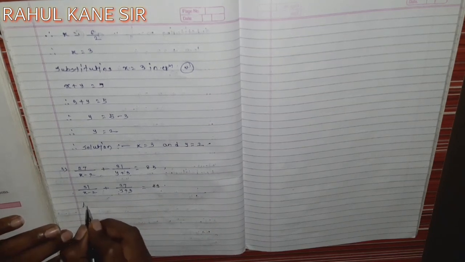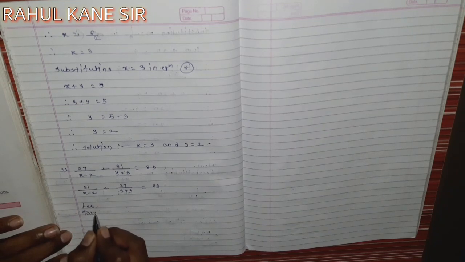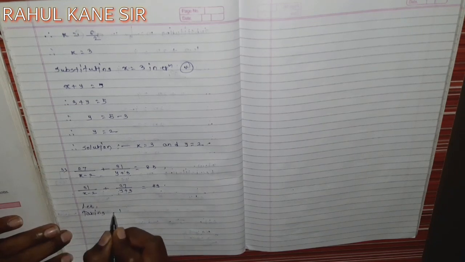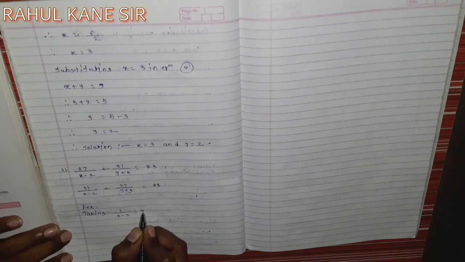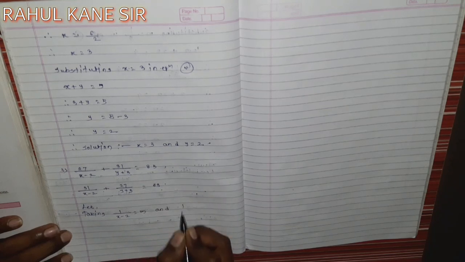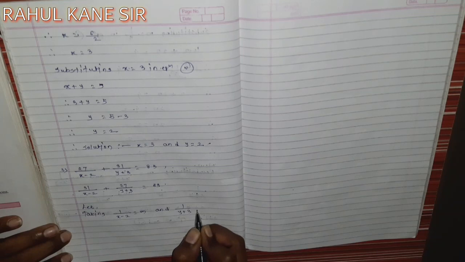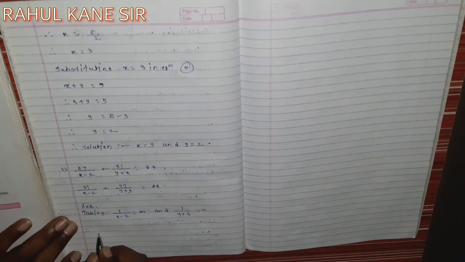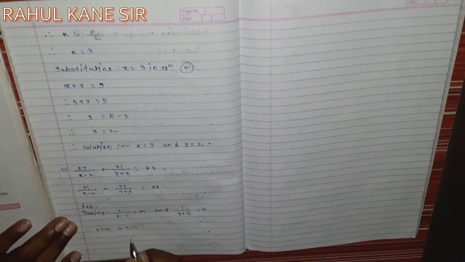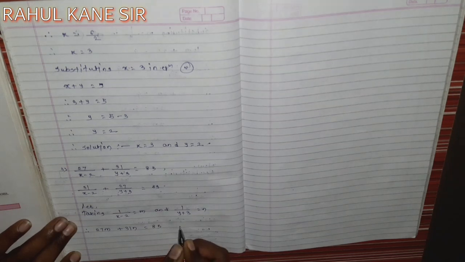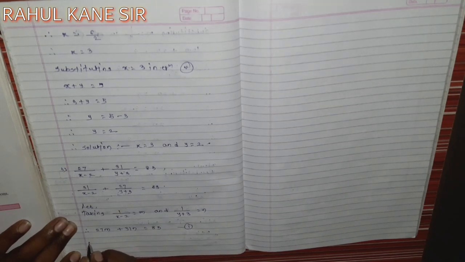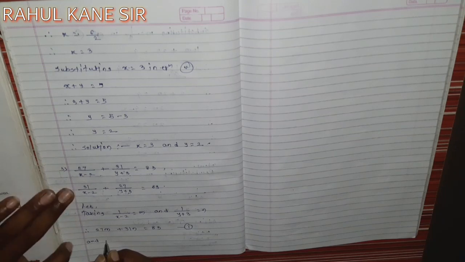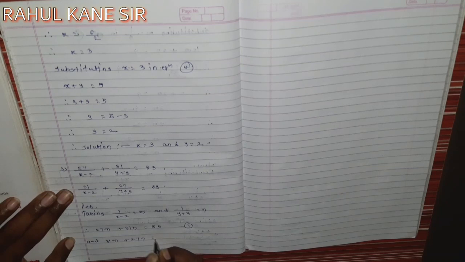So here we are going to assume, taking 1 upon x minus 2 equals m and 1 upon y plus 3 equals n. So now we get 27m plus 31n equals 85, equation number 1, and 31m plus 27n equals 89, equation number 2.